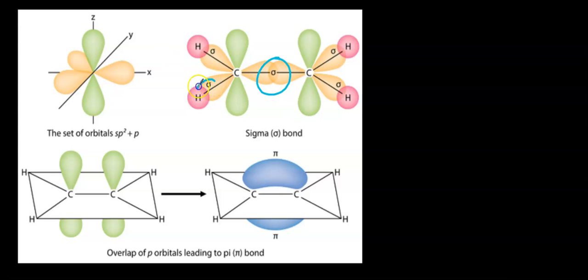Also, when we have overlapping of hybrid orbitals of carbon and the atomic 1s orbital for hydrogen, we also have a sigma bond. So again, the first bond that forms between two atoms that have a double or triple bond is a sigma bond. Technically, sigma bonds result from the overlapping of hybrid orbitals with other hybrid orbitals, or hybrid orbitals with, in the case of hydrogen, atomic orbitals.